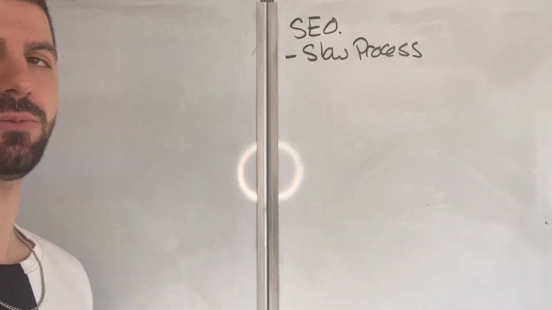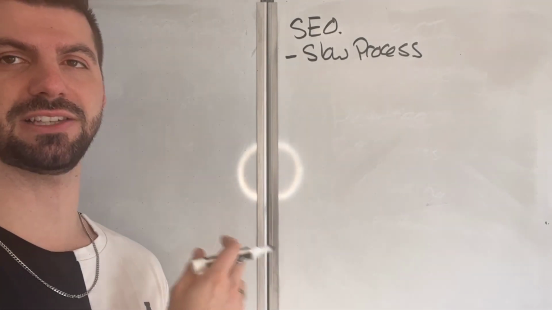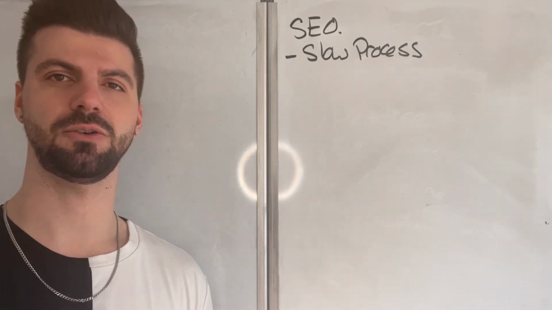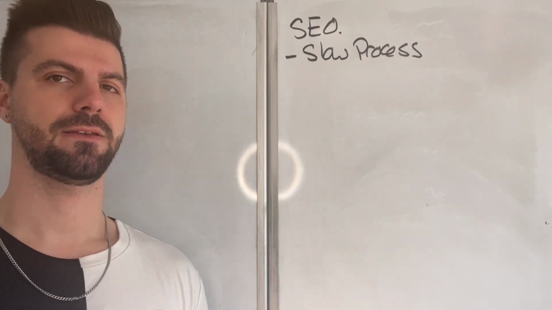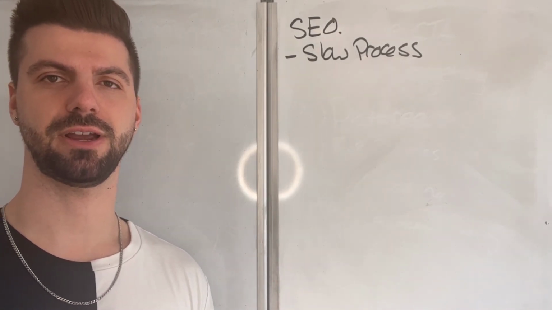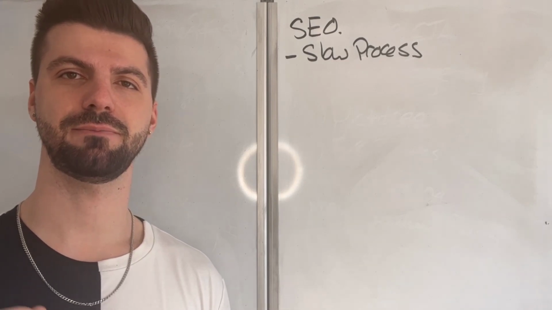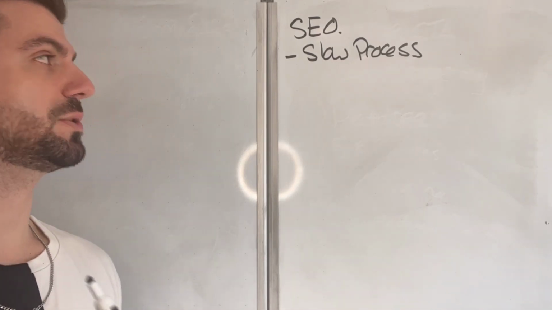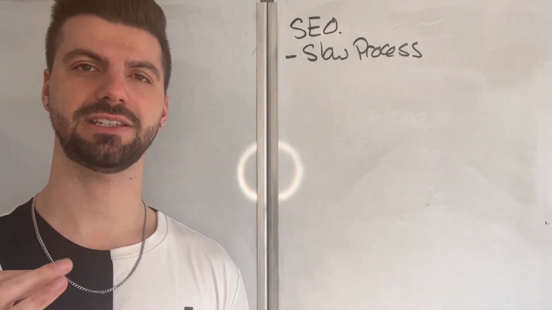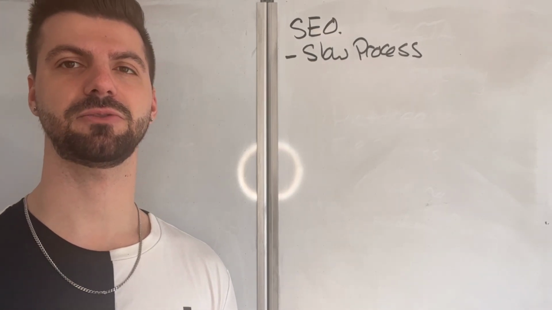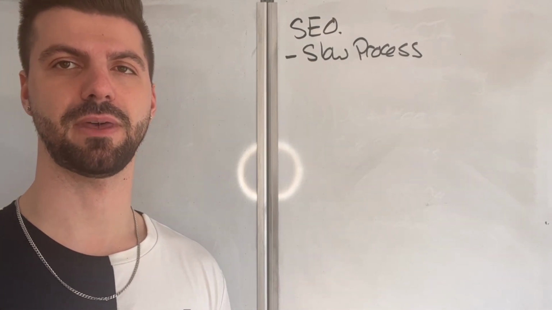But if somebody tells you, hey, we can get you to the top of Google using SEO in a week or 2 weeks, that's simply not possible. I'm sorry, especially if it's a very competitive keyword. SEO is a slow process. We're talking like 6 months to a year to really see long-standing results from this.